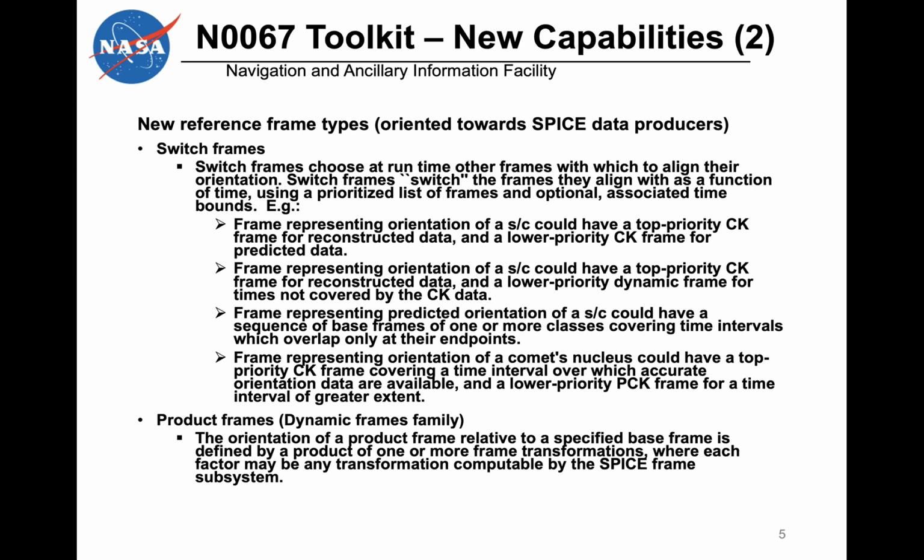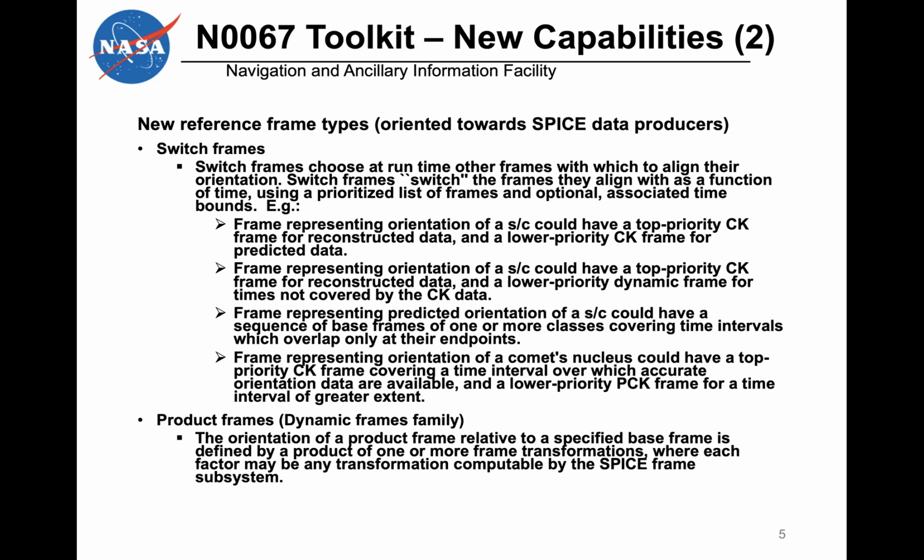This is, for example, the case for Churyumov-Gerasimenko, the target of the Rosetta mission, for which, of course, there is very detailed orientation information during the mission timeline, as opposed to the rest of the data for the comet.